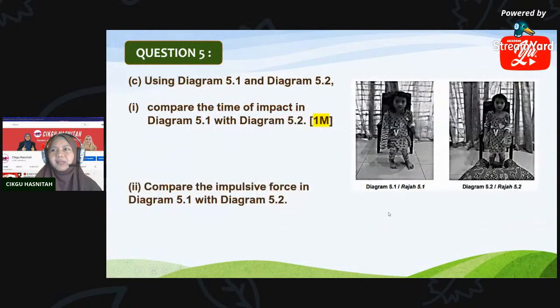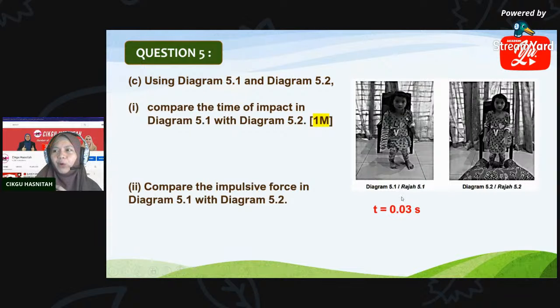Okay, next. C. Now is a comparison. Remember question 6 and question 5 are questions on comparison. Compare the time of impact in diagram 5.1 with diagram 5.2. Is the time of impact the same or different? If different, which one is higher, which one is shorter, which one is lower? So first, you can state the time of impact.